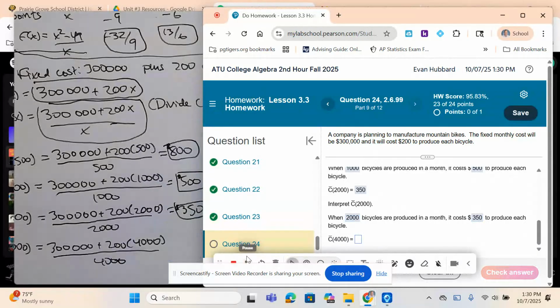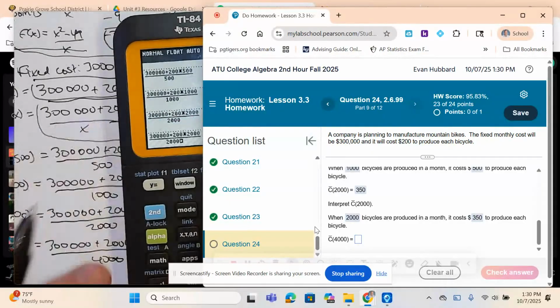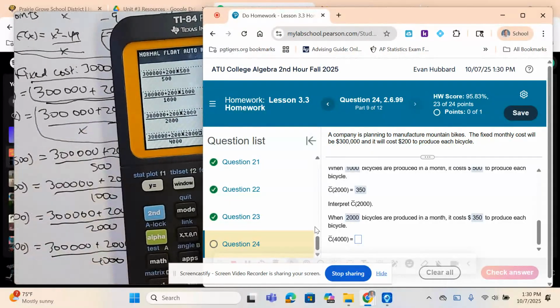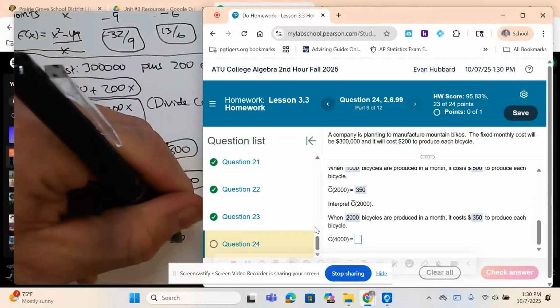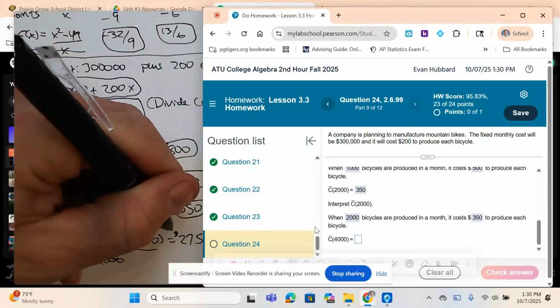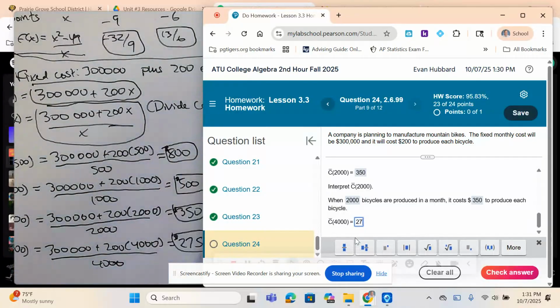Okay. So for 4,000, I'll put 4,000 for x. Change this to 4. Change this to 4. This is 275.